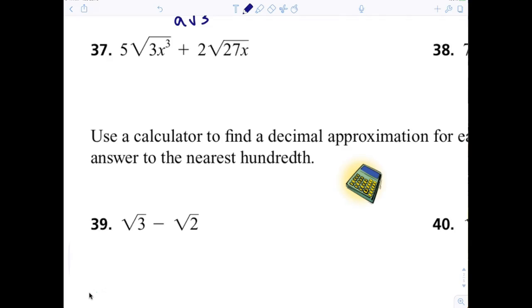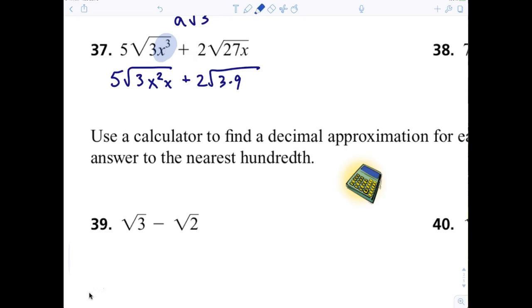Now, who remembers how to break down the x cubed? Yeah, x squared times x. Thank you. So it's going to be 3x squared times x plus 2. 27 breaks down to what? 3 and 9.